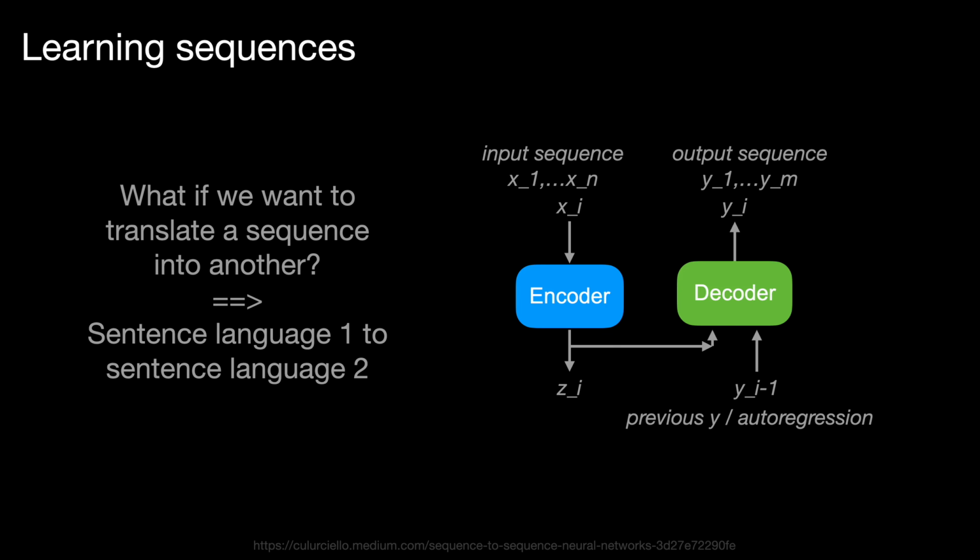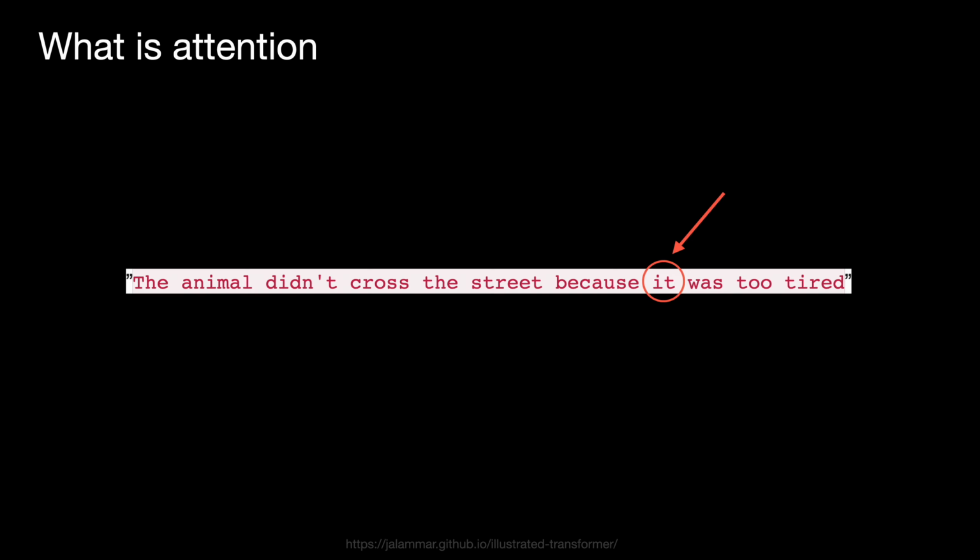And in order to understand what the transformer is, we need to understand attention. I want to give you a fairly simple example that tells you what attention is. Let's say you have a sentence, for example: the animal didn't cross the street because it was too tired.